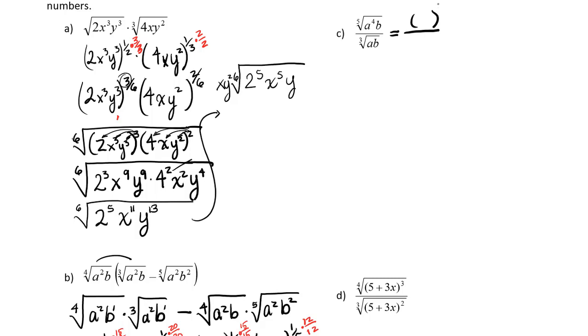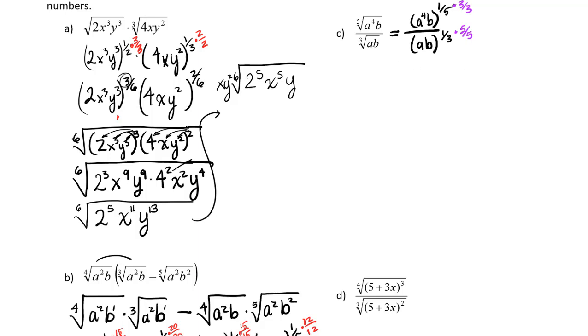So I have 1/5 as the exponent in the numerator, a to the 4th b raised to the 1/5, and ab raised to the 1/3. I would need to build up the numerator's exponent by 3 over 3 and the denominator's exponent by 5 over 5. When I do that, I'll have a matching root or index of 15.